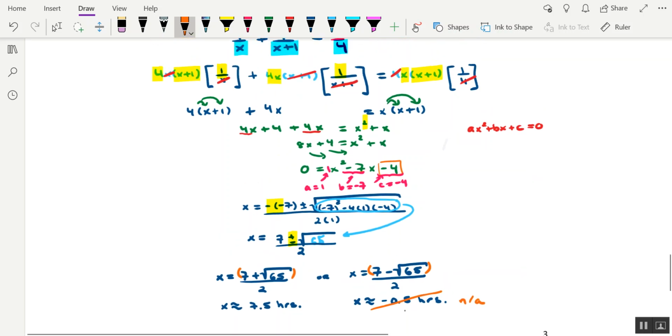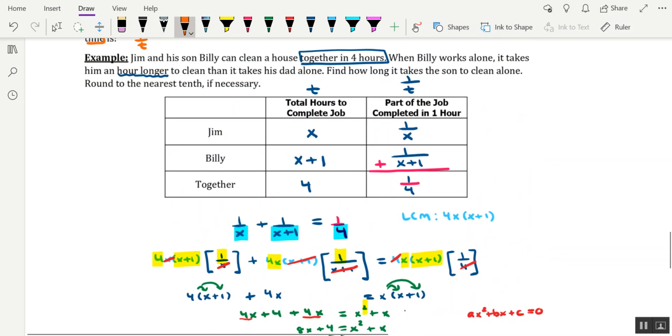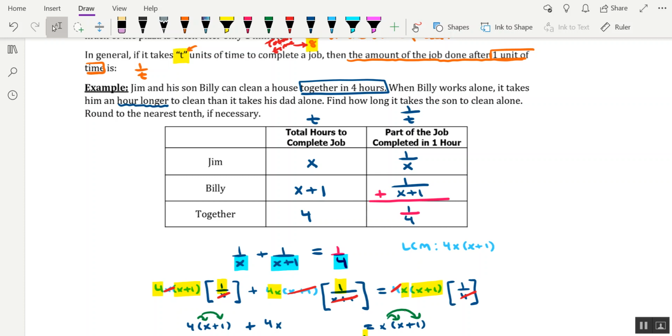Now let's be sure we understand what our official answer to this problem is. And it's kind of buried in this last sentence. It says, find how long it takes the son to clean a lawn. Keep in mind that Billy is the son, and his time is based on his dad Jim's time. Namely, we have to add an hour to Jim's time in order to get Billy's time.